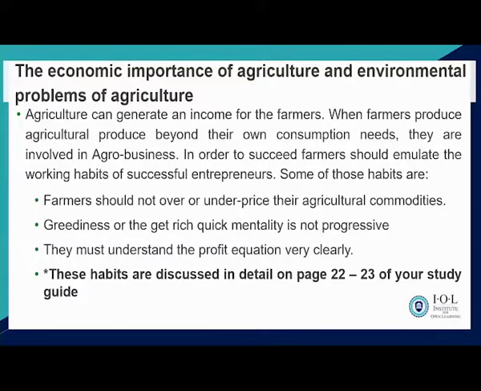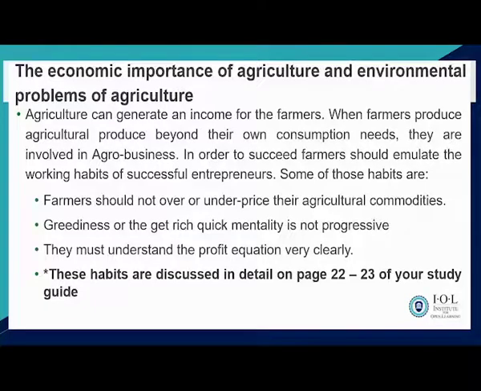Okay, then Unit 2, Economic Importance of Agriculture and Environmental Problems in Agriculture. Agriculture as a whole has the capability to generate an income for the farmers. When the farmer produces agricultural produce beyond their own consumption, meaning they have a surplus, they are involved in agribusiness, which is the sale of agricultural products.